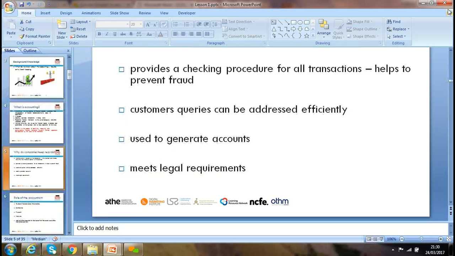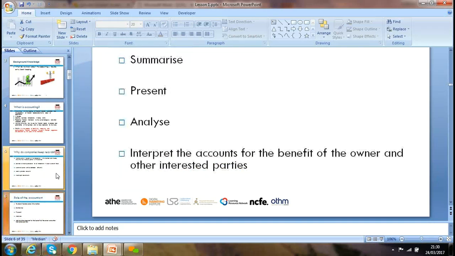It provides checking procedures and helps to prevent fraud. So we use accounting records to summarize, present, and analyze. We summarize the financial information, which will help you when I give more examples.